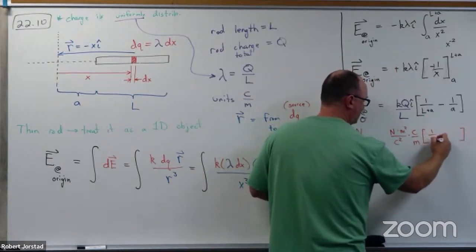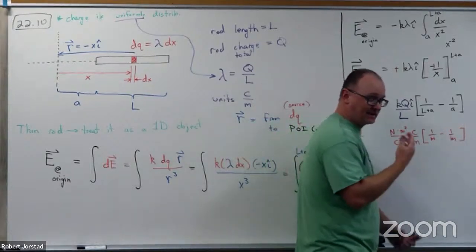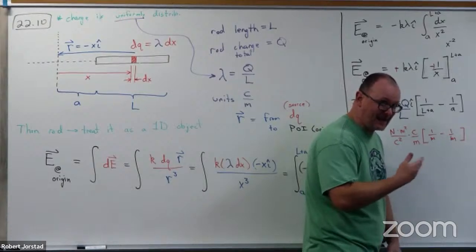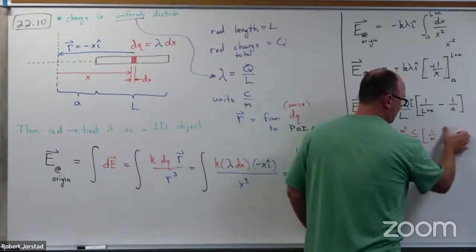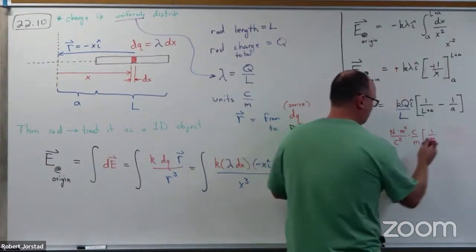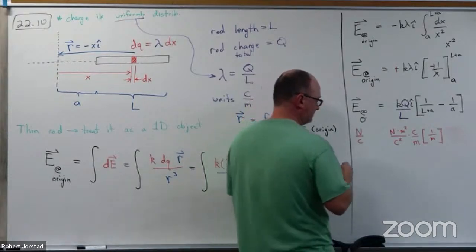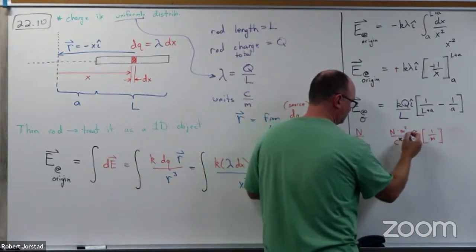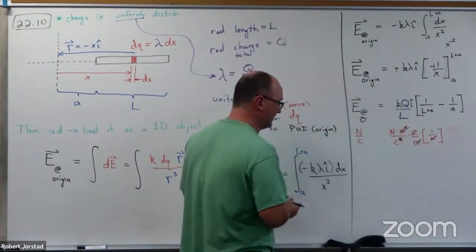That's 1 over meters minus 1 over meters. Well, if I take 3 apples plus 6 apples, I get 9 apples. So when you add or subtract, the units remain unchanged. It looks good. The units check.